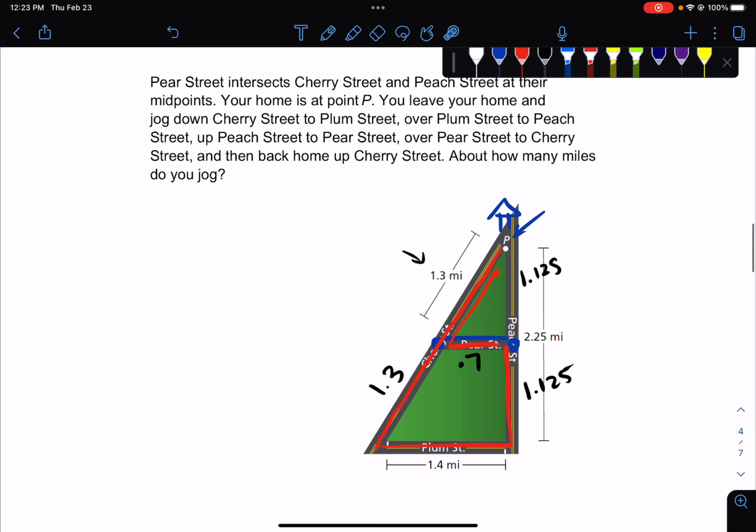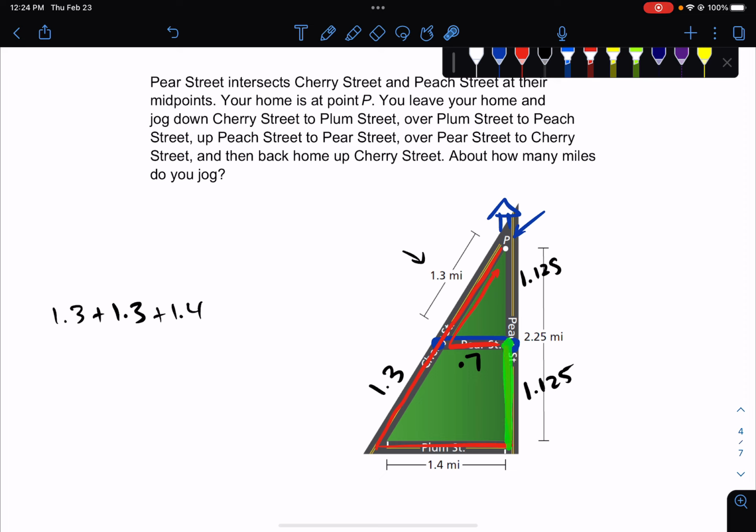So I start by running from P all the way down to this corner, which is this number and this number combined together. So 1.3 plus 1.3. Then you run across Plum Street, which is 1.4, so plus 1.4. Then you run up Peach Street and stop right here at Pear.